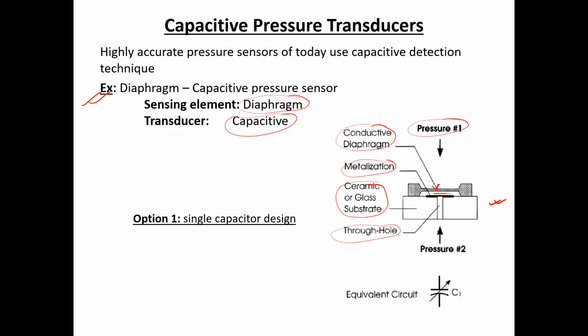And depending upon the pressure difference on both sides of the diaphragm, the diaphragm may move in the upwards direction or the downwards direction, changing the distance between the two plates. So this type of formation of a capacitive pressure transducer is based on the principle of variable displacement type capacitive transducer, as the capacitance is going to vary with respect to the change in distance of the two plates. So the variable capacitor can be represented by this equivalent circuit symbol.